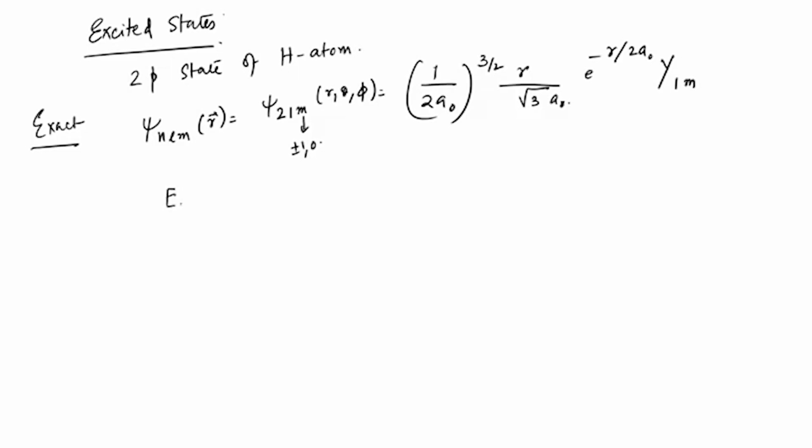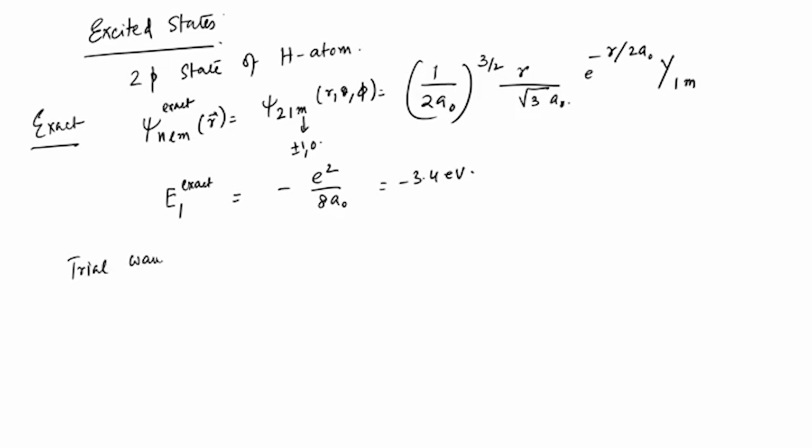Again, this is exact, and the exact energy is equal to minus e square over 8 a 0, which is close to minus 3.4 electron volt. So that is the exact problem, and for this exact problem, let us make an ansatz for the trial wave function.